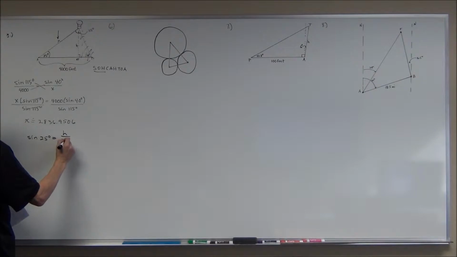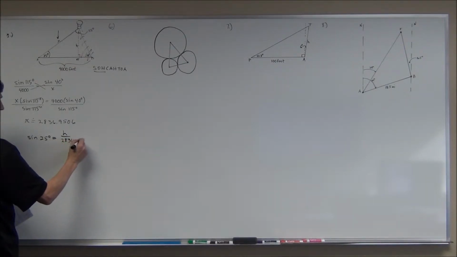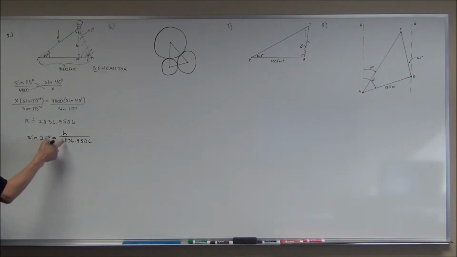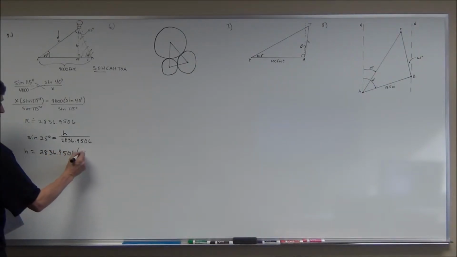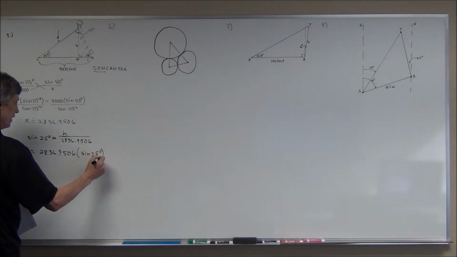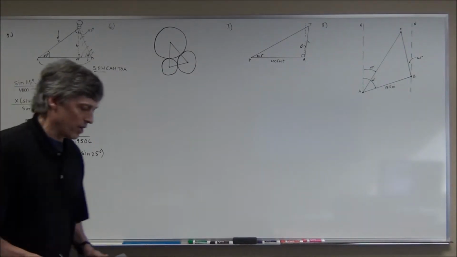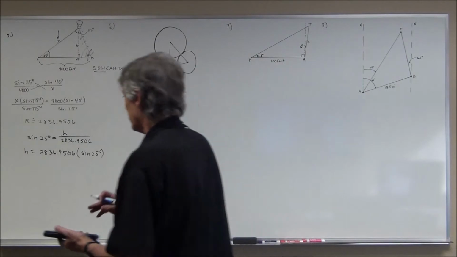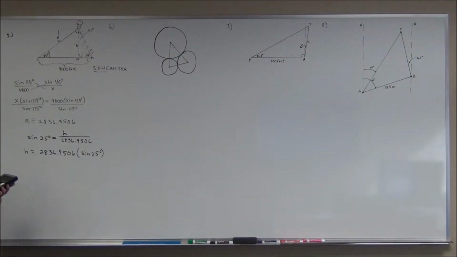And I'm going to go ahead and write it out. I'm not going to round it yet. I'll get there. I'm going to multiply both sides by that. I get h is equal to 2836.9506 times the sine of 25 degrees. Now, I grabbed my calculator because I did it a different way the first time I did this, actually the second time I did this, and I'll make sure that I match my answer.